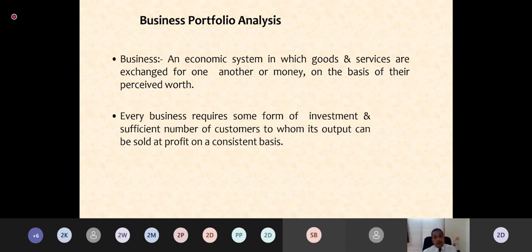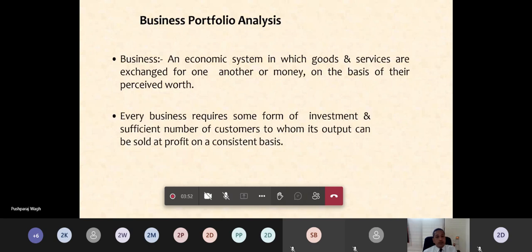All these kinds of businesses require some type of investment and a sufficient number of customers to whom the output can be sold at a profit on a consistent basis. So for every business, you are all aware that investment is important. Without any investment, no business can start.